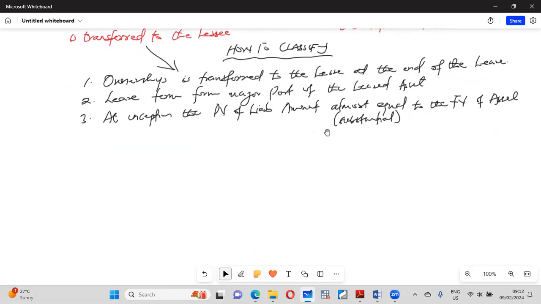Another thing that you can also see is that the lessee can use the asset without any major modification. He won't spend much on it. He can use the asset as it is.